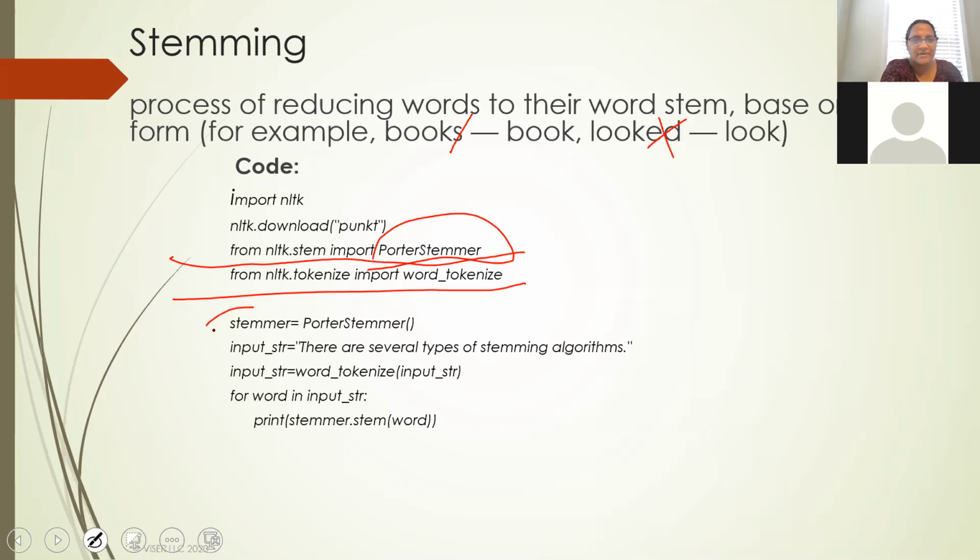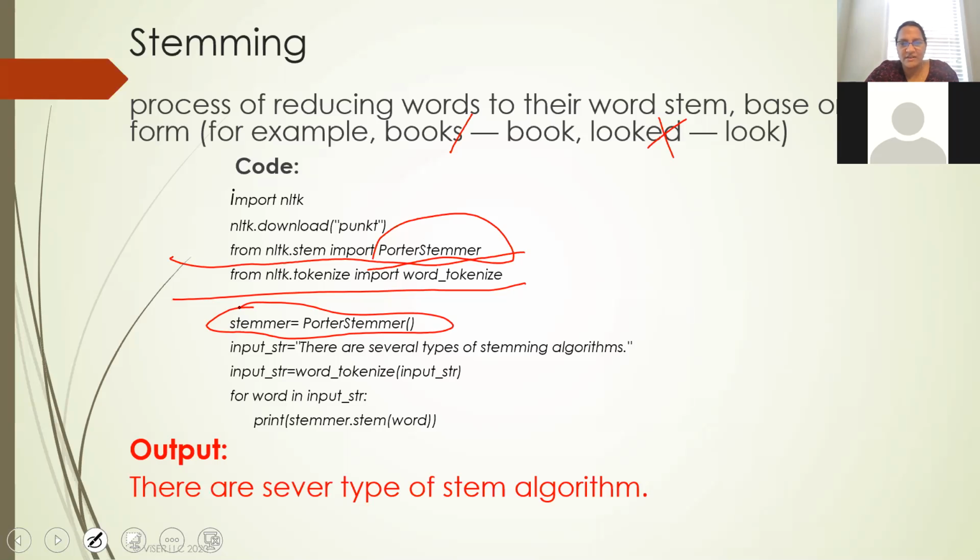We are using a stemmer, and the input string is, there are several types of stemming algorithms. Then again you do the tokenization and then you stem it. As you can see, in stemming it gets rid of ING, and in several, it gets rid of the ending. Okay, so this is how it is done.